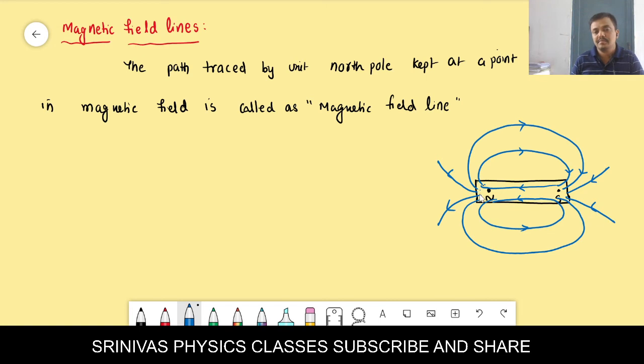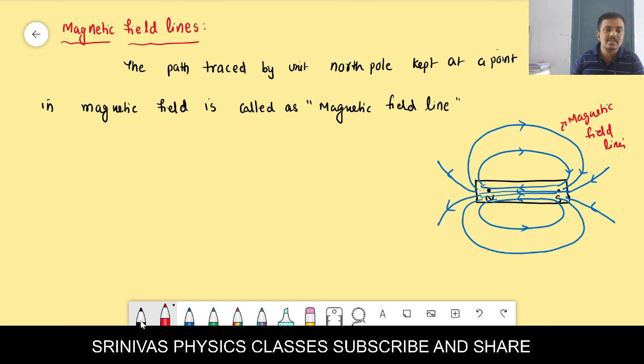Look here. These are the field lines due to a bar magnet, the magnetic field lines. Outside they go from north to south, inside they go from south to north.